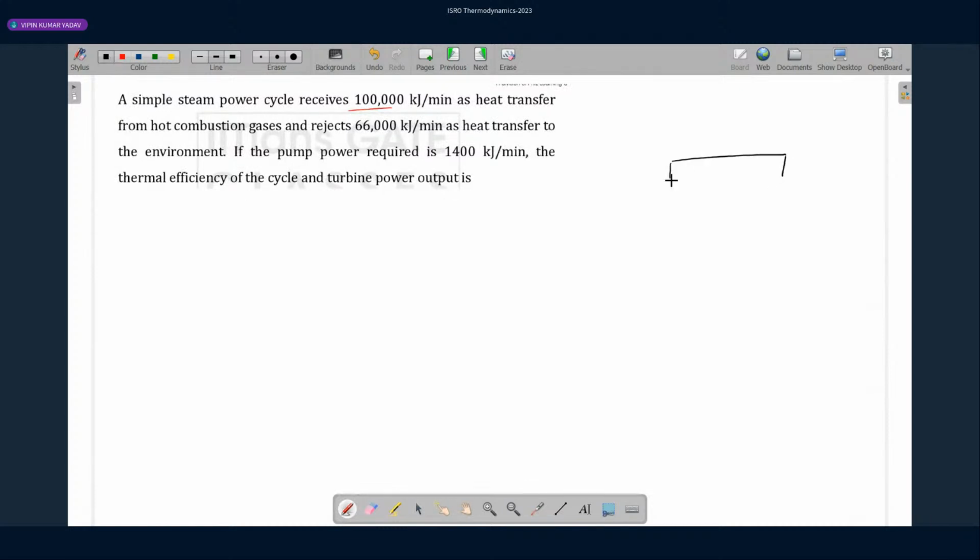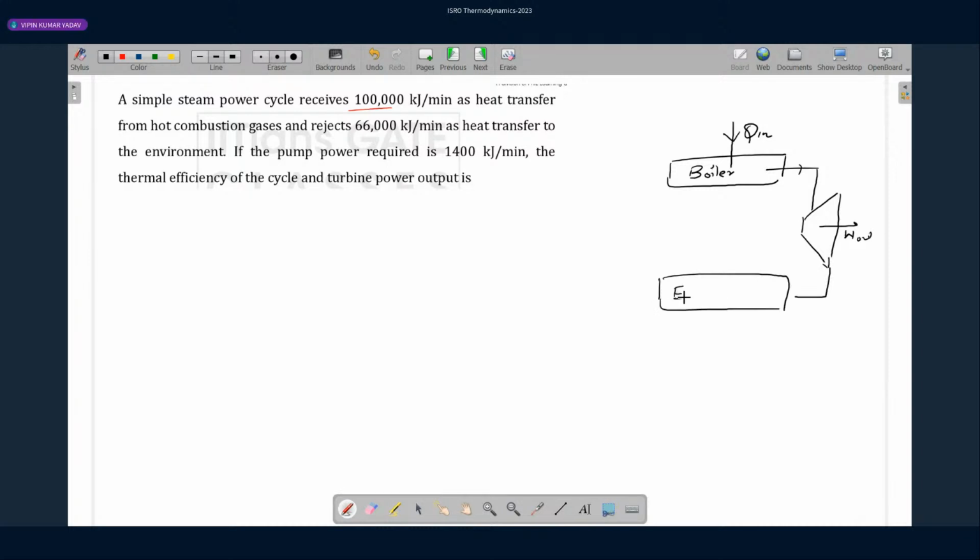Basically, this is your boiler, and in the boiler you give Q in. Then the steam goes to the turbine. The turbine gives you work output. Then it goes to the evaporator, sorry, condenser. I'm really sorry. You're condensing, no? Converting steam to liquid water.